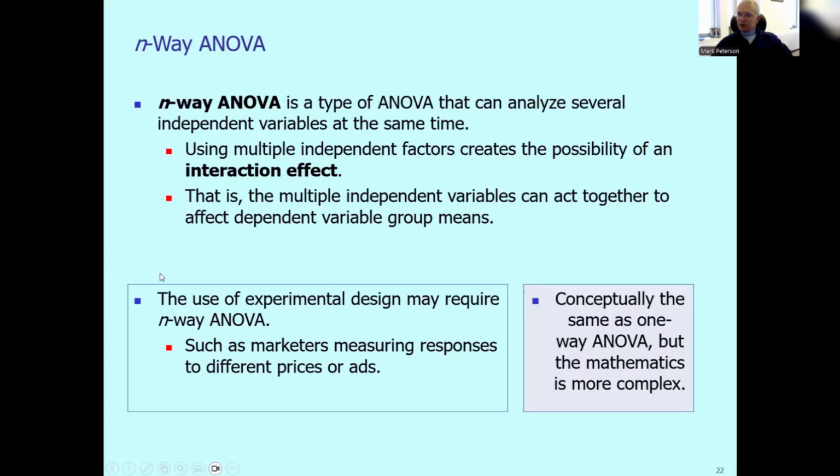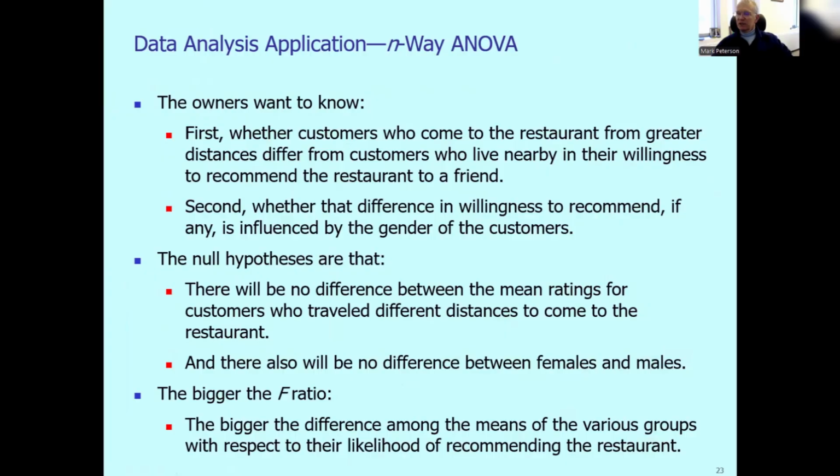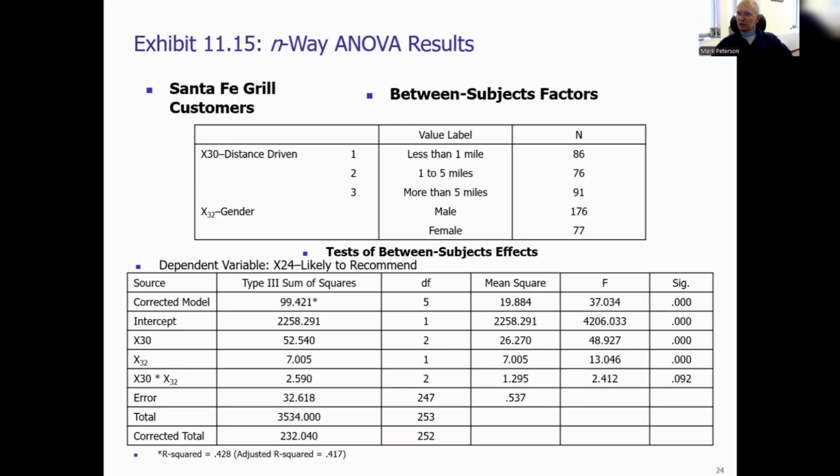In ANOVA, you can actually have 3 grouping variables, 4, and this gets complex. You'd have to have strong theory or reasons to justify such complexity in these relationships. But n-way ANOVAs are out there and can be done, in structure and relationships in the field.